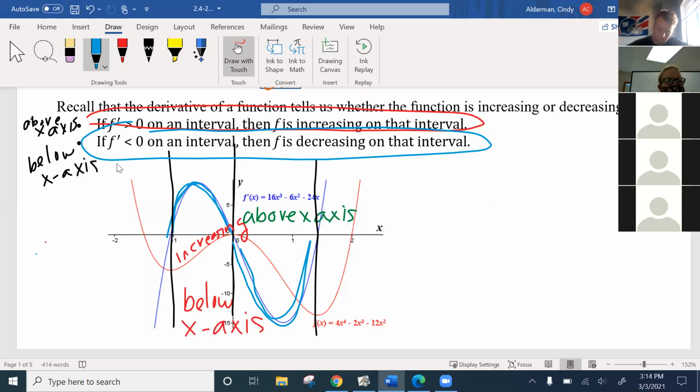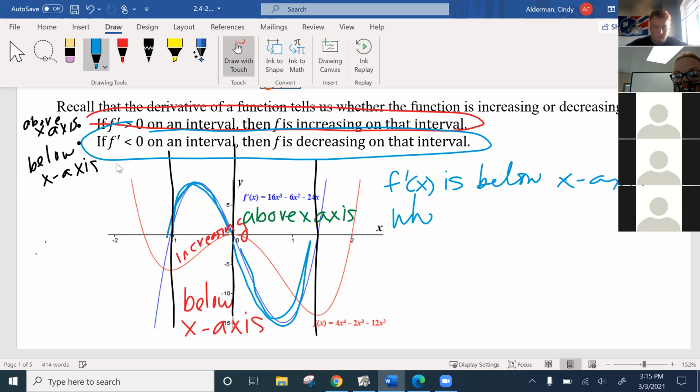A little bit about how the graphs relate to each other, the function and the derivative. To summarize what we just did, the derivative, f prime of x, is below the x-axis when the original function is decreasing.